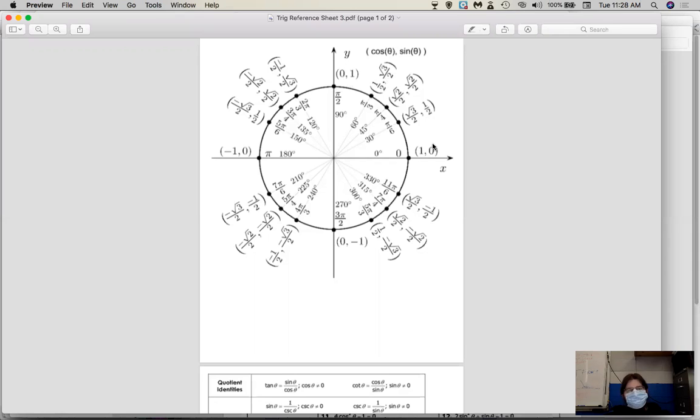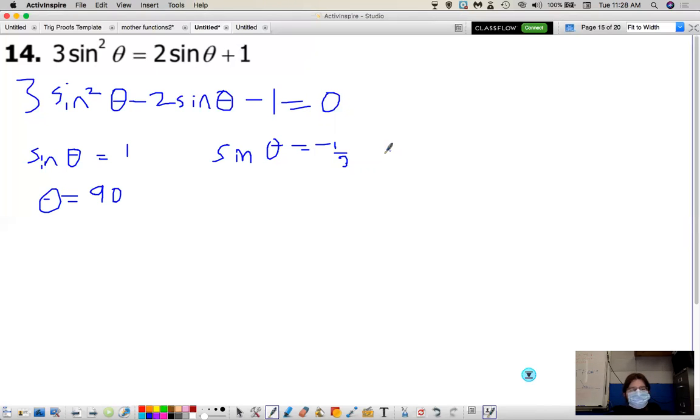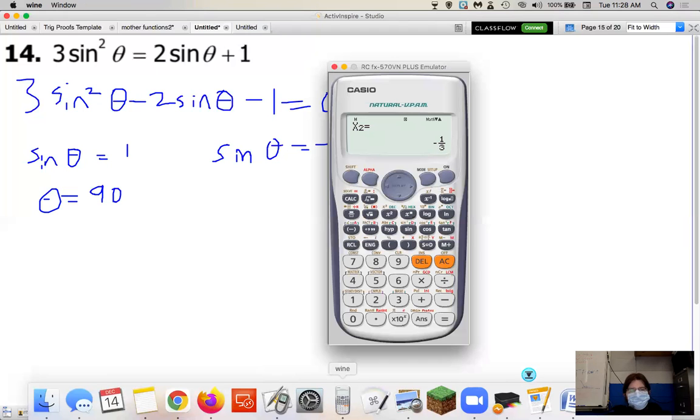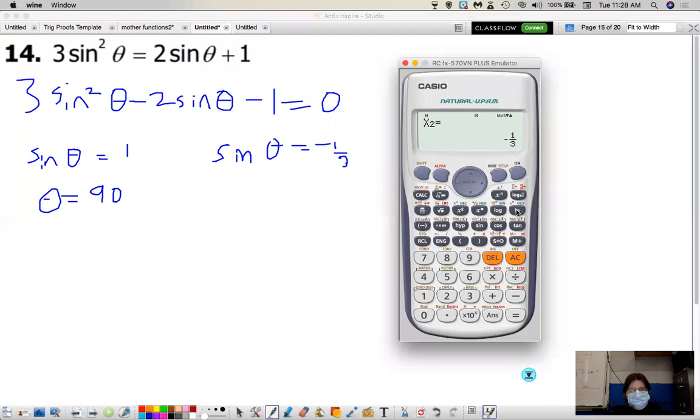Again, for this class, we're just going to worry about the ones that are on the unit circle, so this will not happen on your assessments. But we can figure out what it's going to be. We're in degree mode. Sine inverse. We could do negative 1/3, but let's just do 1/3, because if we do negative 1/3, we're going to get a negative answer.